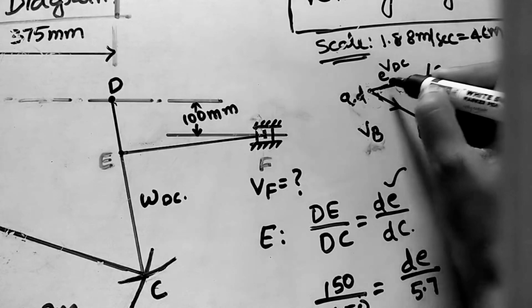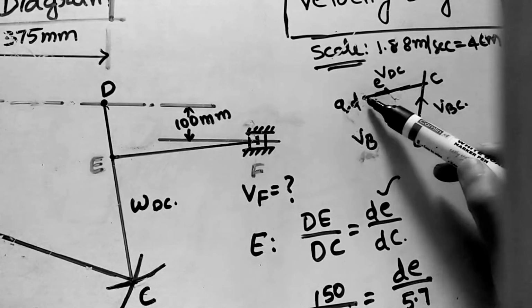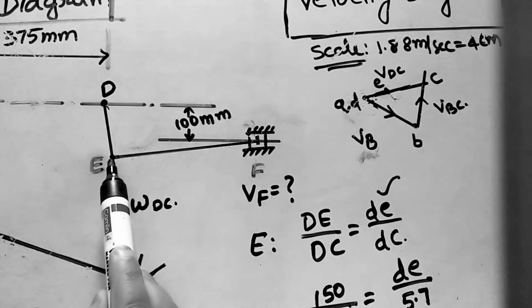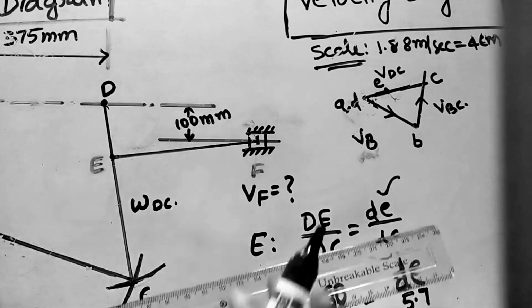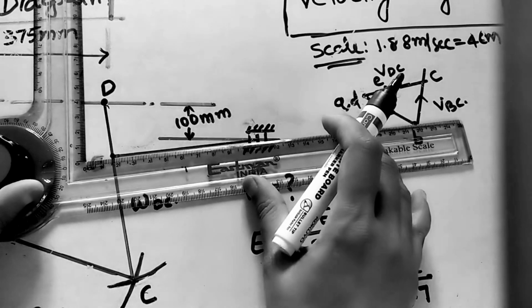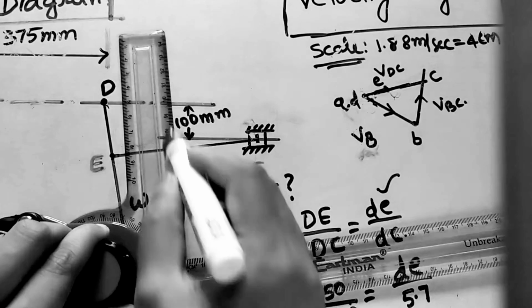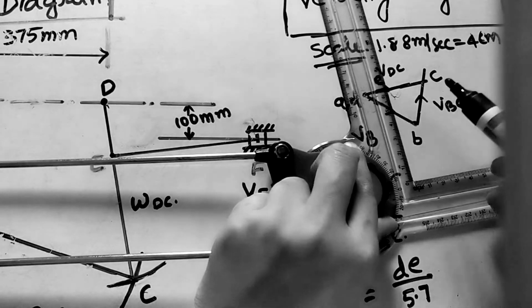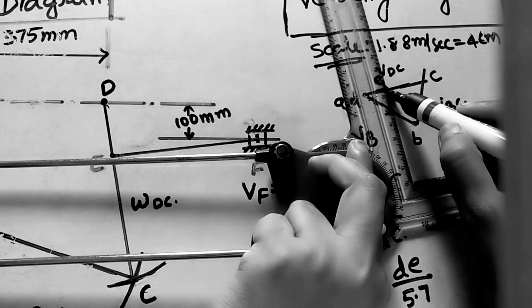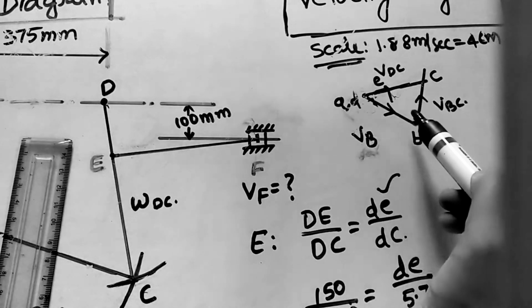Okay, DE. After marking E point here on the DC line, first, so here we have marked, EF velocity we have to find. So how the EF velocity is, as I told, one link we have to take on this scale. The perpendicular line will show the velocity of EF. Okay, just drop one line from E. So we don't know how much length it is.